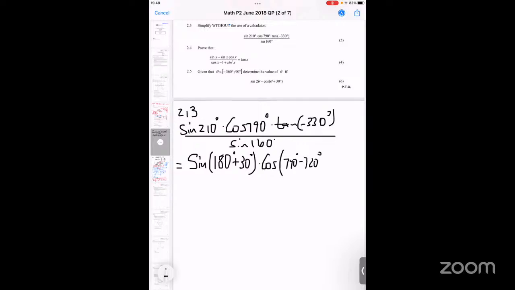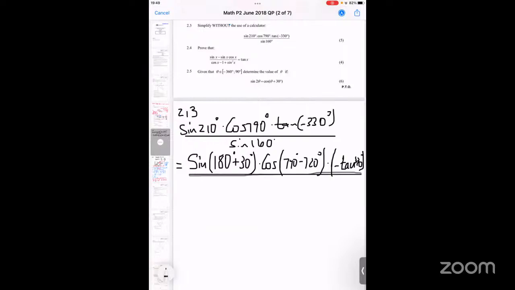And for tan, since it's in the fourth quadrant, we put negative tan in brackets, 360 minus 30, which for now we can write as 330, and we will do it in our next step.